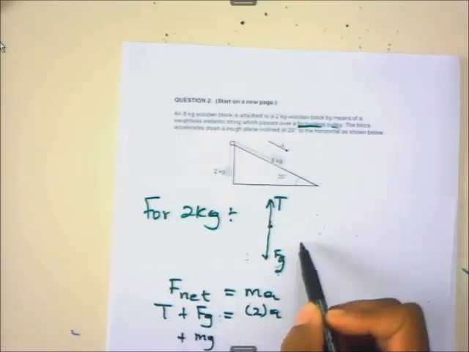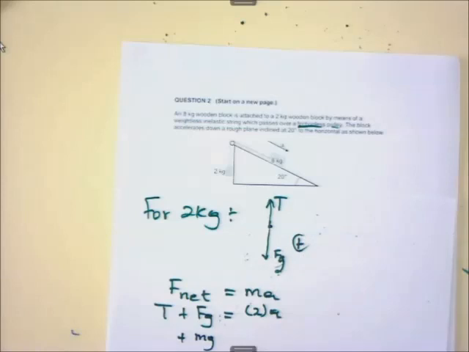If we take the upward direction as positive, then the downward is negative, so our T will be 21 minus 2 times 9.8 is equal to 2a.